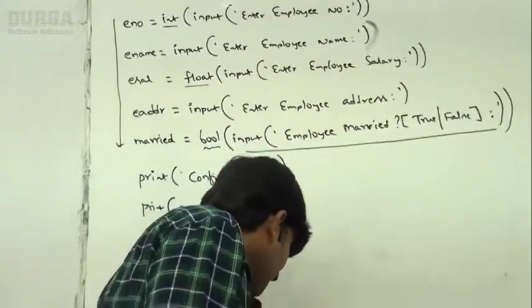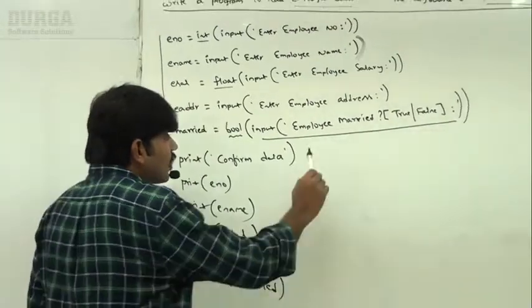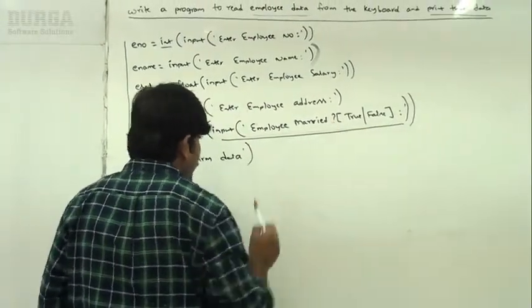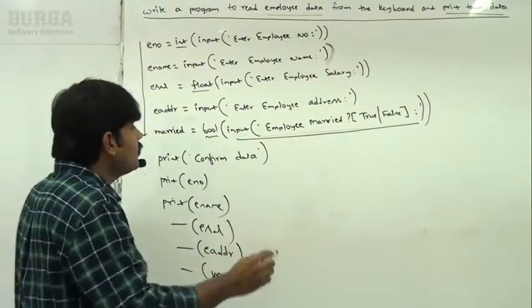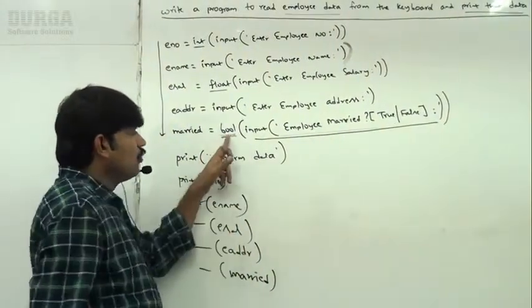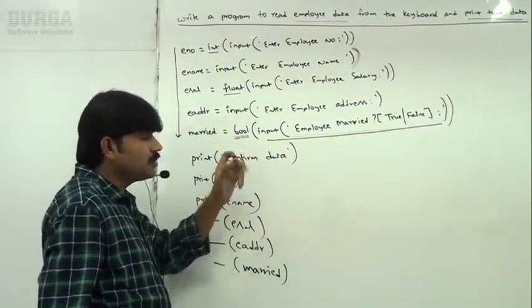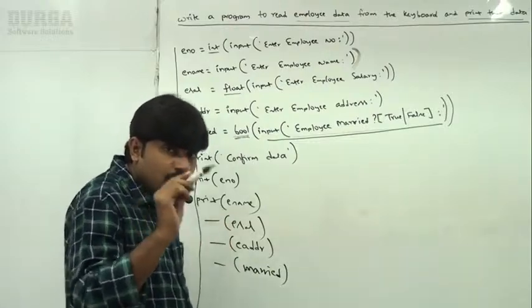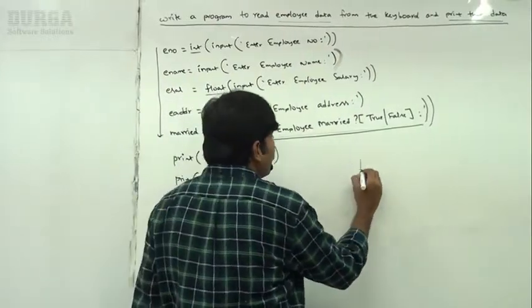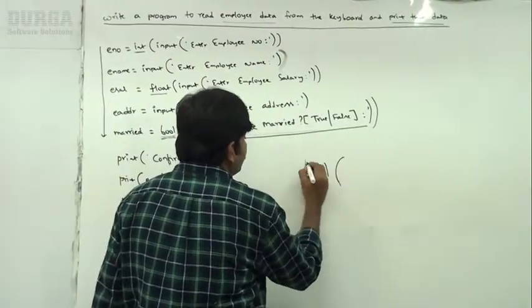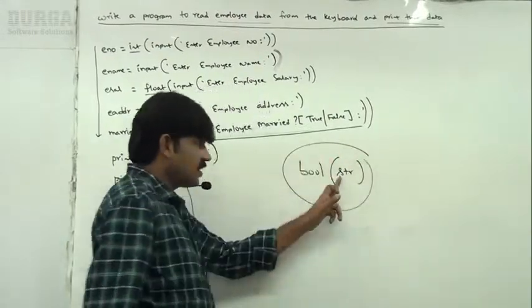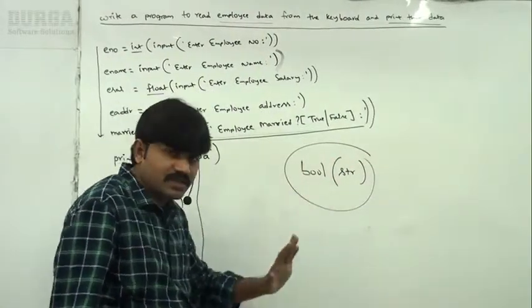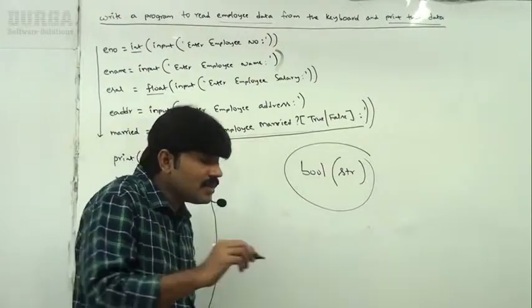Listen carefully. To convert employee marriage status to boolean type, which function are we using? The bool function, right? The behavior of the bool function is very, very simple, sir. If you provide a str type to bool conversion, what is the behavior?